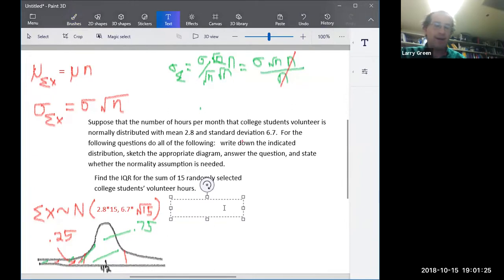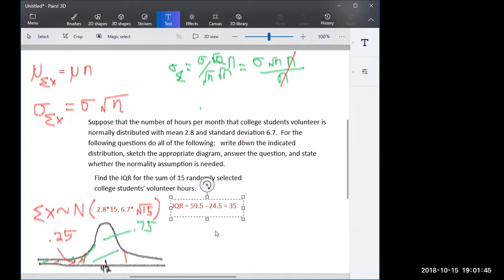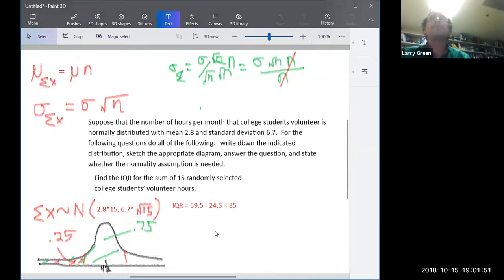The IQR is equal to 59.5 minus 24.5, which is equal to 35. And that's what you want as the answer, the whole thing, or just 35? On a test, I like the work shown.